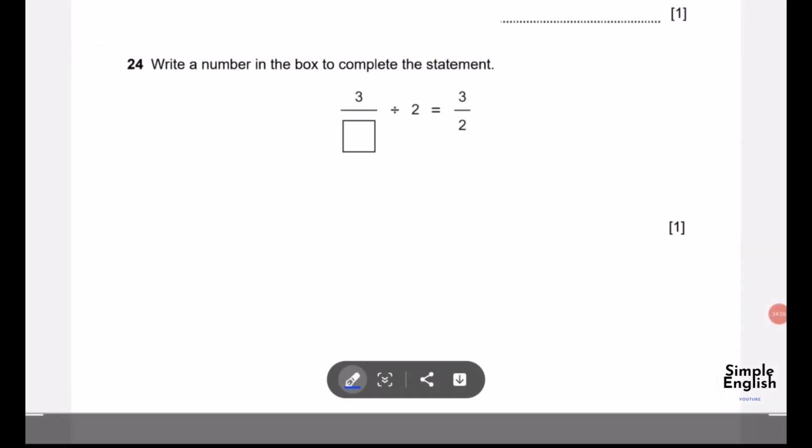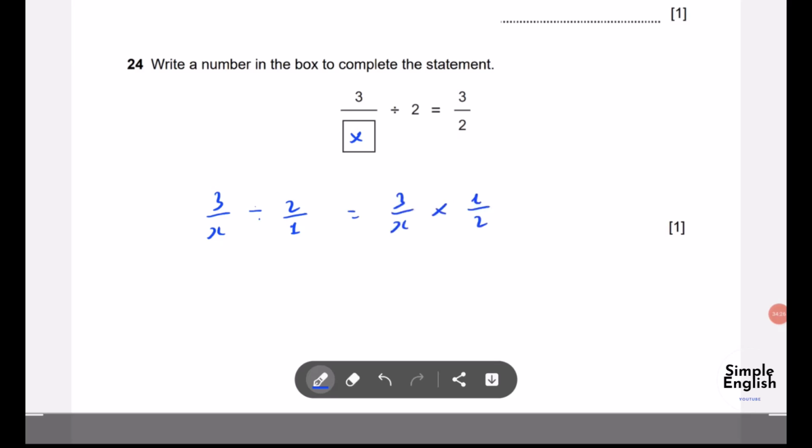Question 24. Write a number in the box to complete the statement. So we have 3 over a number, the number we need, x. So we have 3 over x. Then divided by 2, and 2 here means 2 over 1, right? Then I divide 3 over x times 1 over 2.